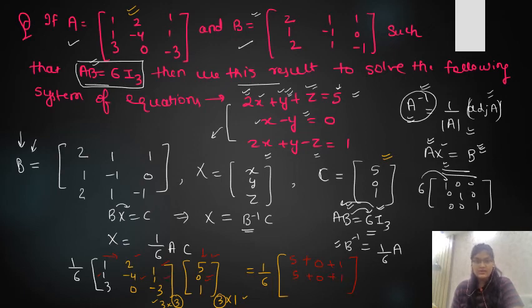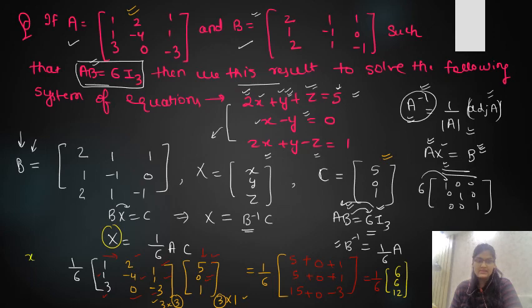Then you have third row, first column. So 3 times 5 is 15, 0 times 0 is 0, and minus 3 times 1 is minus 3. So what you have got is 1 by 6 of 6, 6 and 12. So this is your X, right?